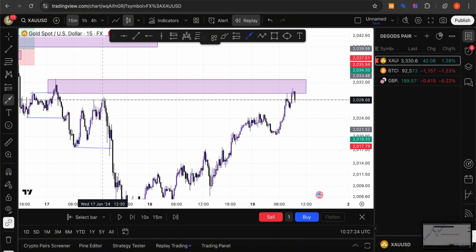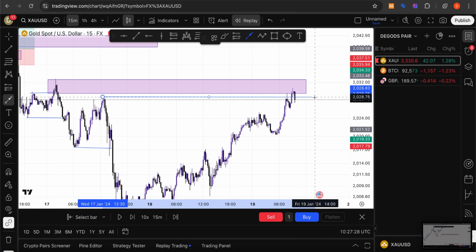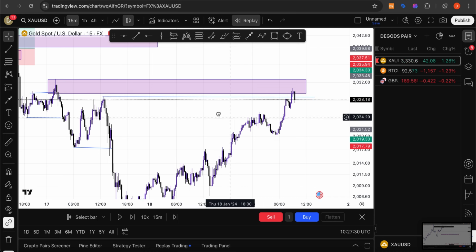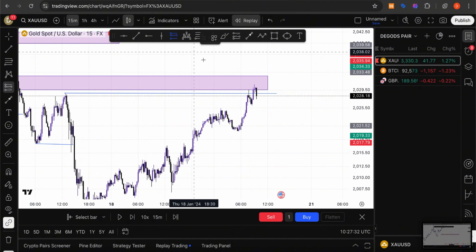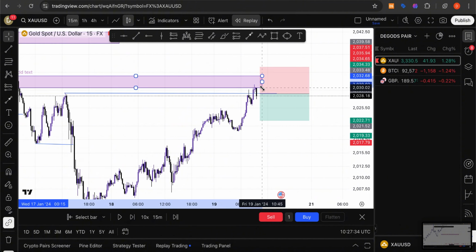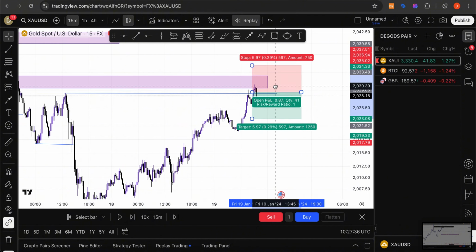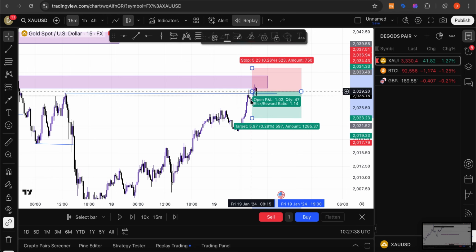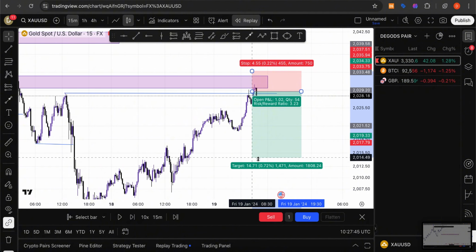This is our structural liquidity. I just played this one, let it work out.